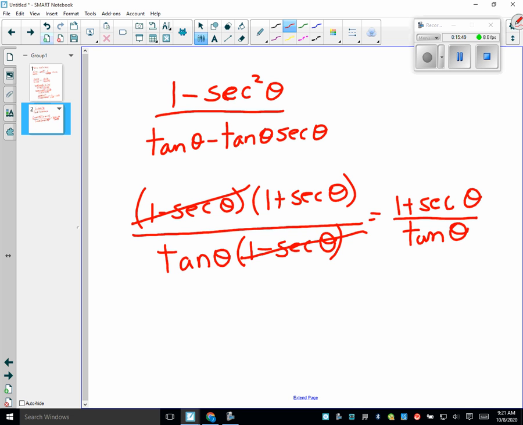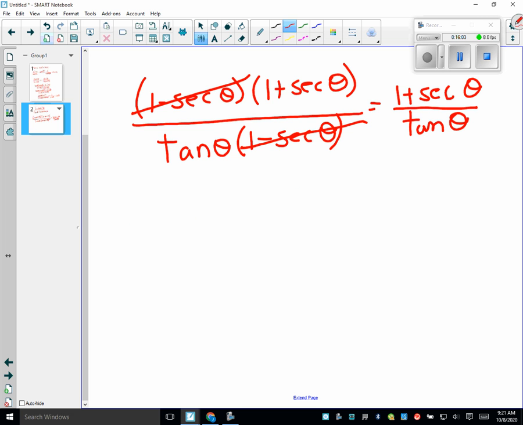Now I'm going to do some magic math. You all know this magic math. You just may not remember it. But if I have a fraction, like this fraction right here, I can separate it into two fractions.